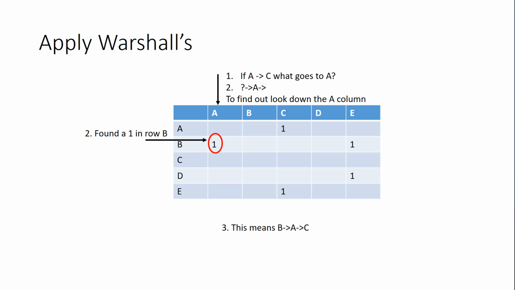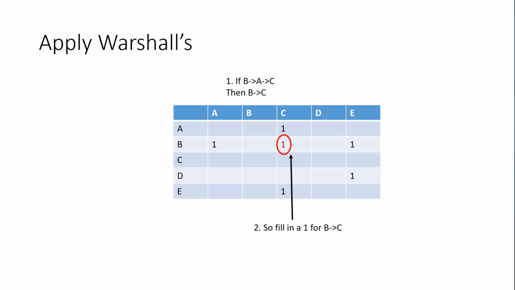And when we find a 1 in the A column, we know that that's something that can get to A. So step 2, we find a 1 in row B. So we now know that B can go to A and that A goes to C. So if B goes to A and A goes to C, then B goes to C. Not directly, it goes there through A, but from B I can in fact get to C. So that means that B goes to C, and I'm going to fill a 1 in to show that B can go to C.